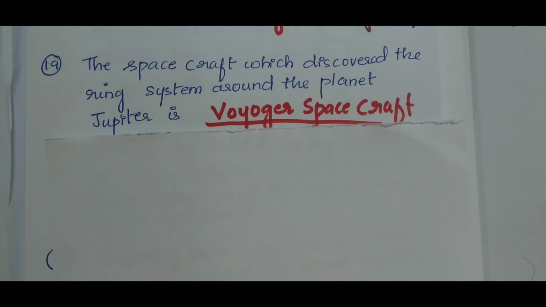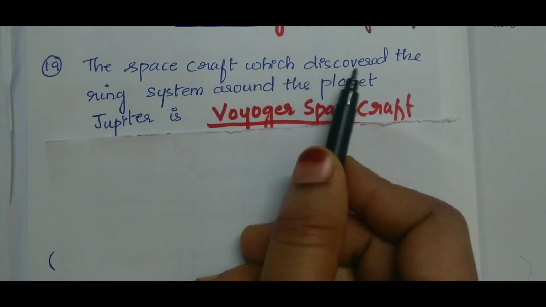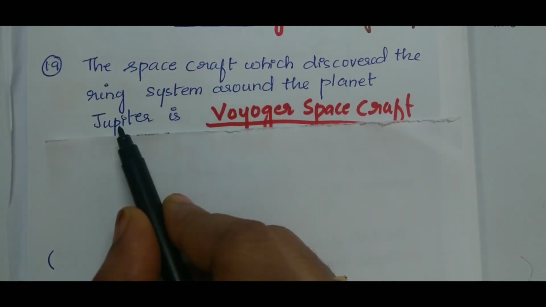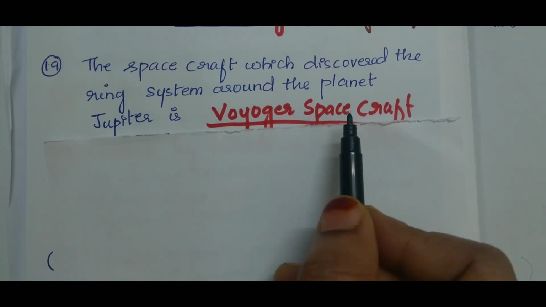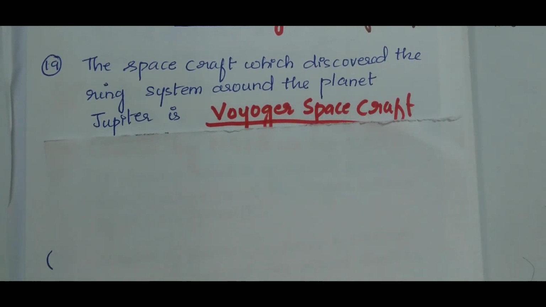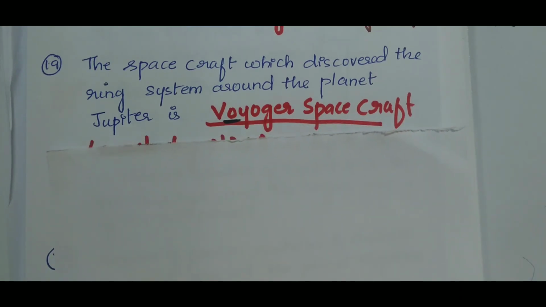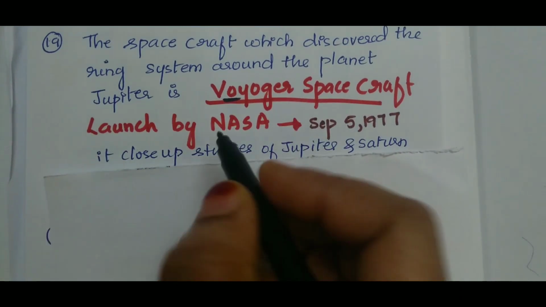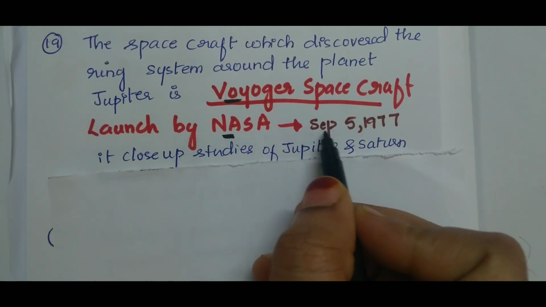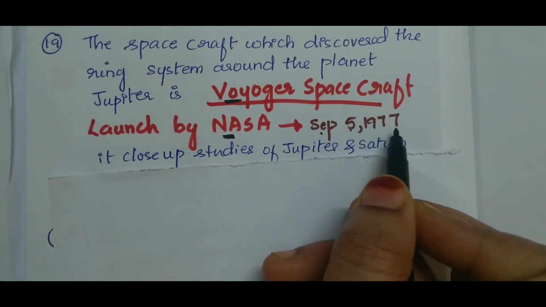Then next, the spacecraft which discovered the ring system around the planet Jupiter is the Voyager spacecraft. Additional information about the Voyager spacecraft is that it was launched by NASA on September 5th, 1977.